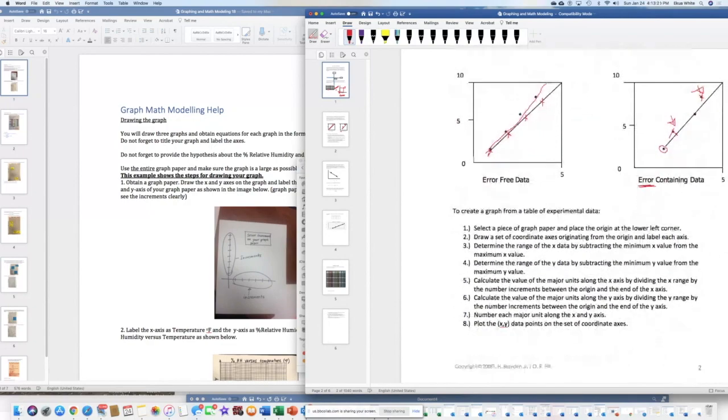Okay. And then here they're telling you how you will create a graph from a table of experimental data. So once you have data, how do you create a graph? So first thing they tell you, select a piece of graph paper and place the origin at the lower left corner.